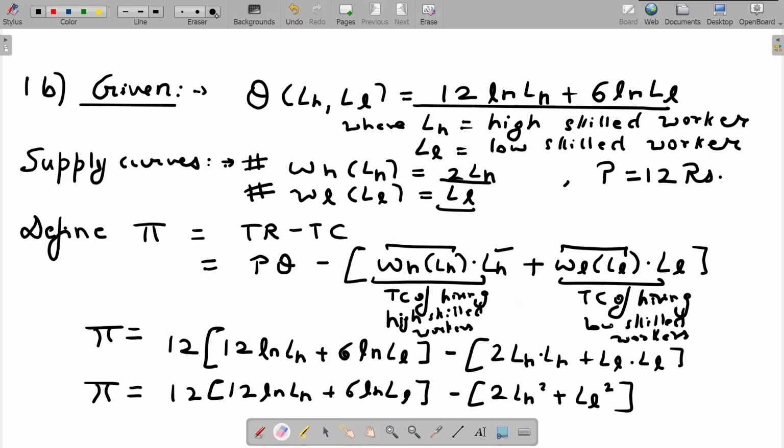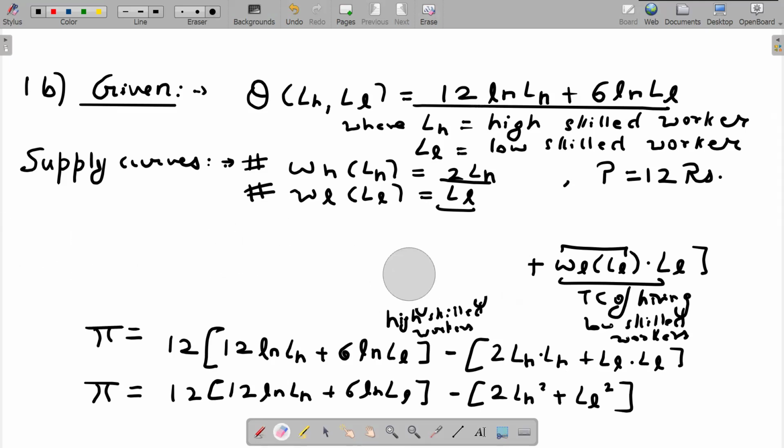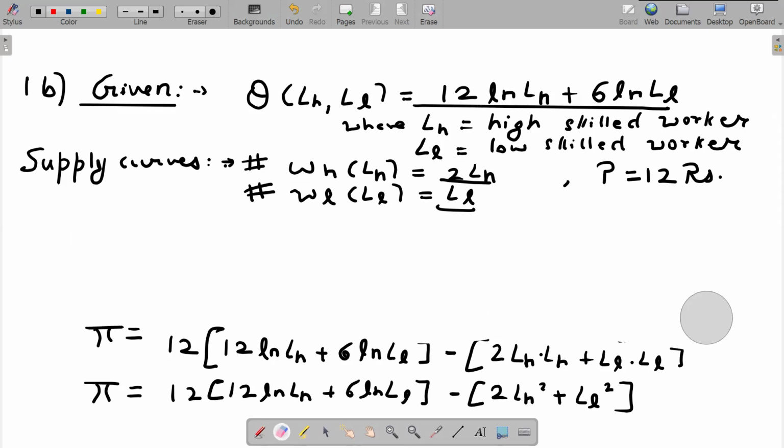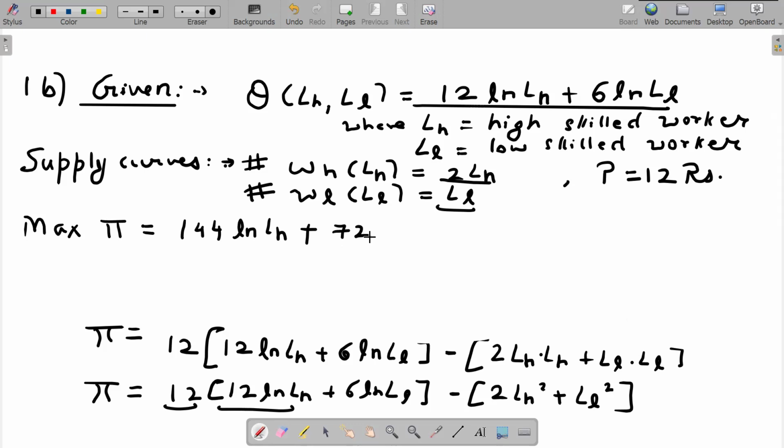And now if I erase this particular part off, I can write here that the objective is to maximize profit, which is 12 into 12 ln LH is 144 ln LH, plus 12 into 6 is 72 times ln LL, minus 2 LH square minus LL square.